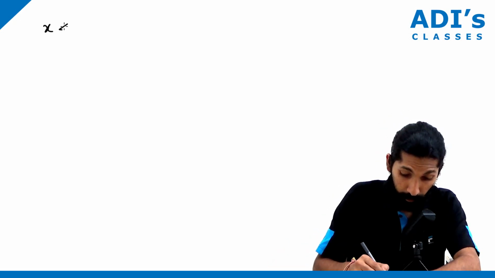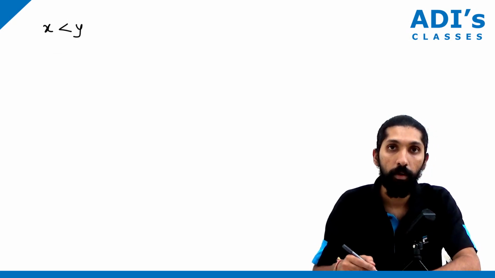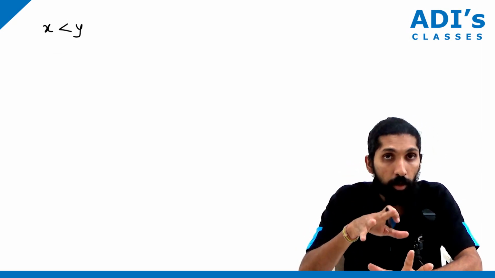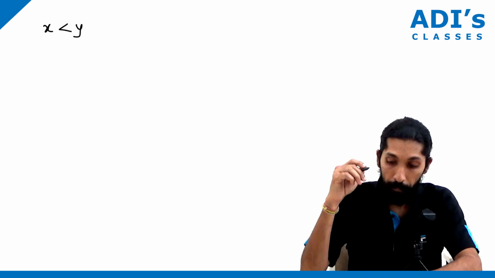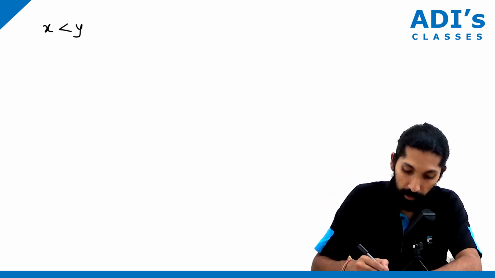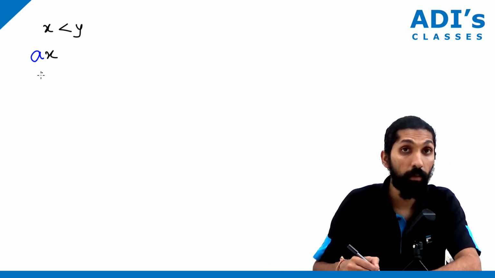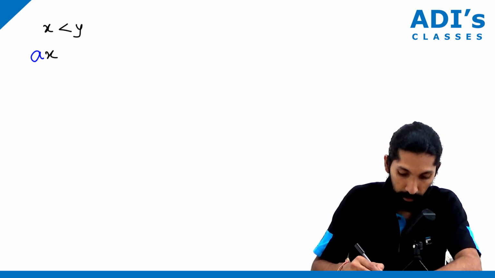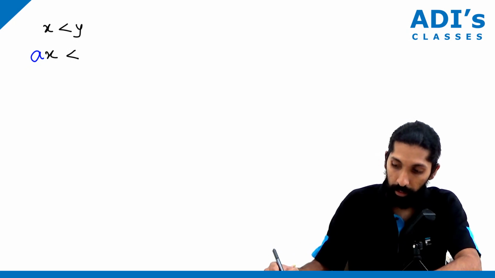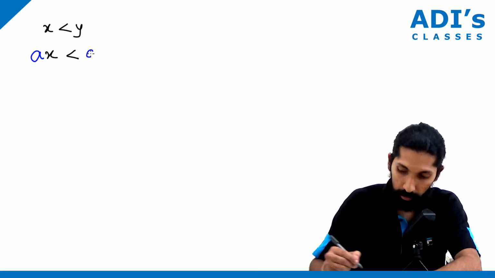When it comes to multiplication, see, suppose say you have x is less than y, the same logic. What in multiplication or division, what we say is, suppose if you take a into x, it will still be lesser than a into y.